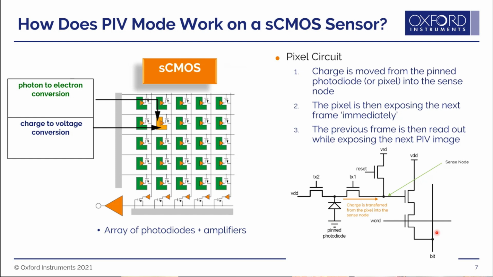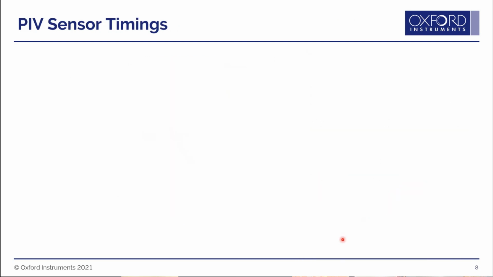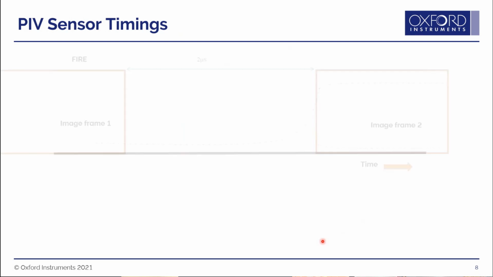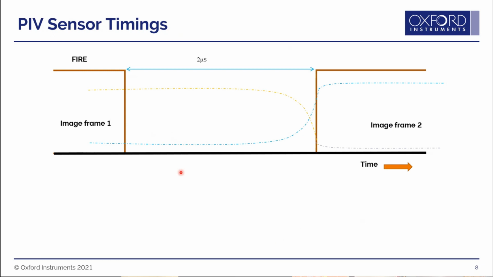Now, the reason I show you all this is because though I say immediately, it's not actually immediate. There is a physical time constraint for these things to actually physically happen. So what it actually looks like in reality is, if you imagine this is the edges of your two image frames in time, we say there's a 2 microsecond gap between image frame 1 and image frame 2. But reality is not quite as black and white as that.